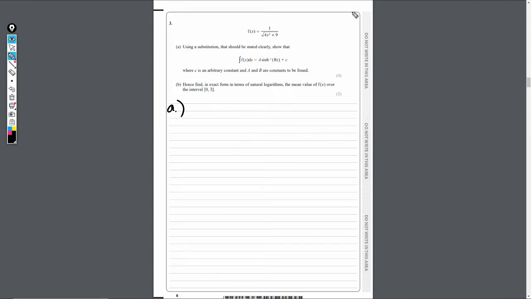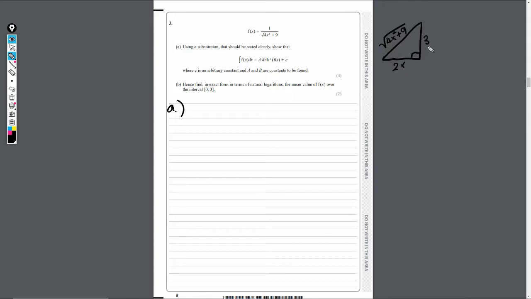So, to get my substitution, if I do it over here, I'm going to use a right angle triangle. If that's my right angle there, and my largest length here, that's going to be the square root of 4x squared plus 9. Well, what that must mean is that one of the sides must have been the square root of 4x squared, so 2x, and one of them must have been the square root of 9, so 3.